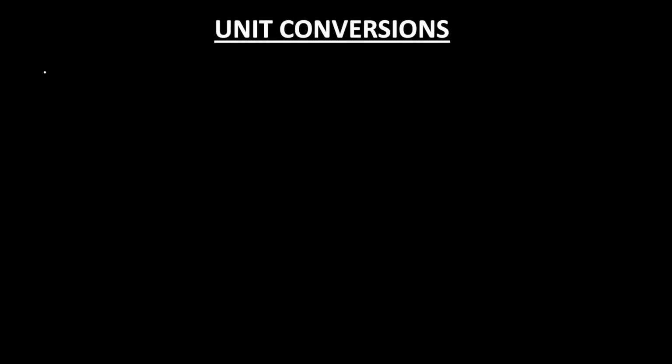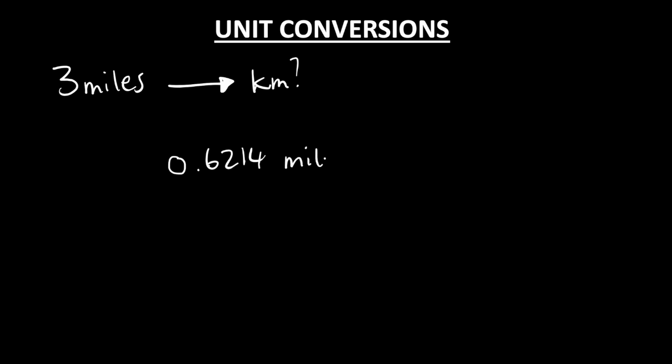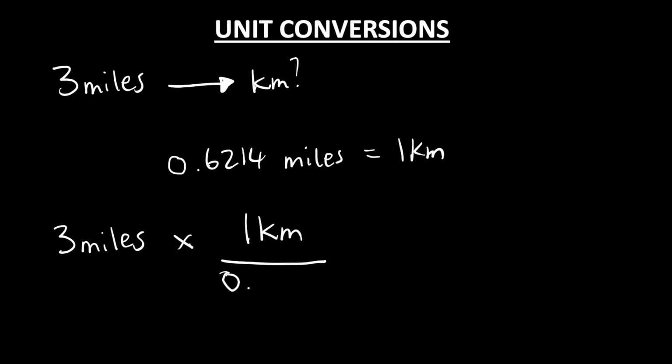Okay, so we just went from kilometers to miles, but let's say we're given 3 miles now, and we're asked to convert that into kilometers. How would you go about doing this? Now we know that 0.6214 miles equals 1 kilometer. So using this again, we can swap it this time by saying 3 miles times 1 kilometer over 0.6214 miles will give us the answer in kilometers.